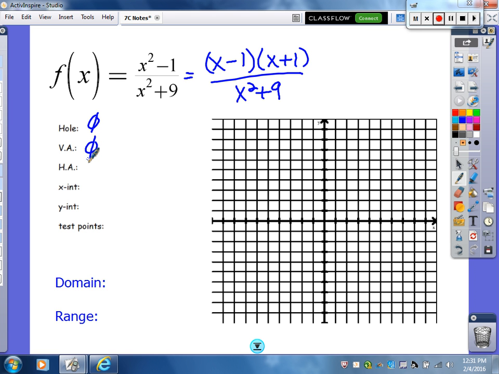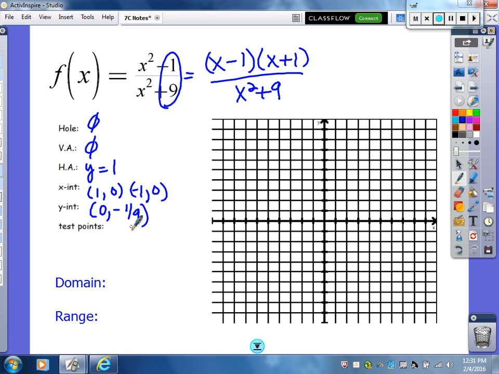All right, horizontal asymptote. Our degrees match. So when we reduce that, we get y equals 1. X-intercepts, we do have zeros of the numerator. My y-intercept, plug 0 in for x. So my y-intercept is going to be negative 1/9.